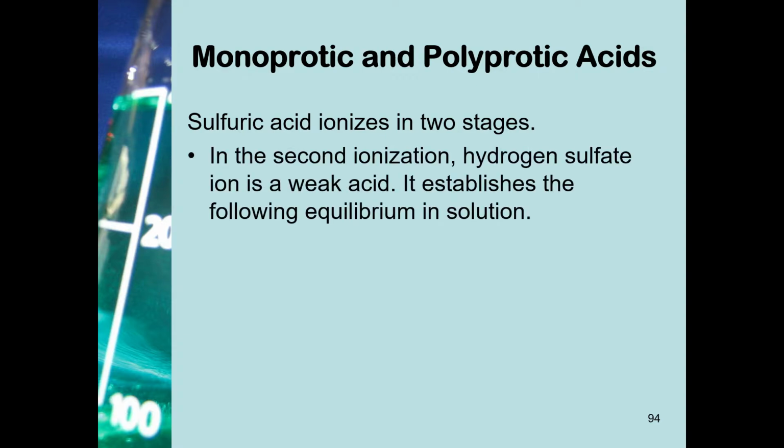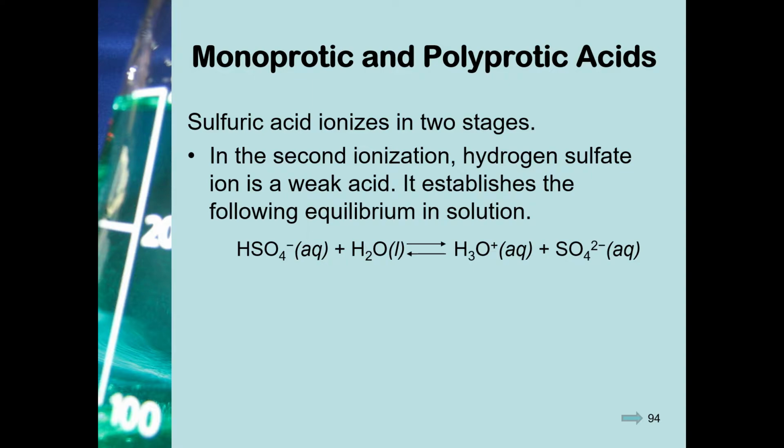In its second ionization, hydrogen sulfate ion is a weak acid, which means it won't ionize very well. The first stage it ionized very well. This stage won't ionize nearly as well, and it's going to establish the following equilibrium. We kind of talked about that yesterday.